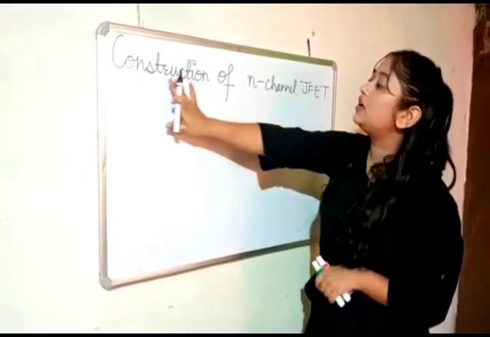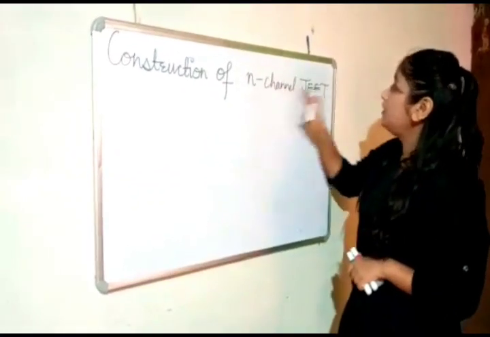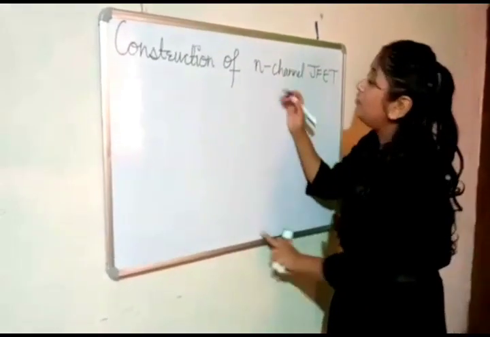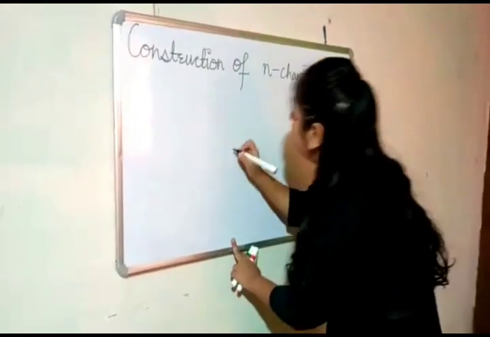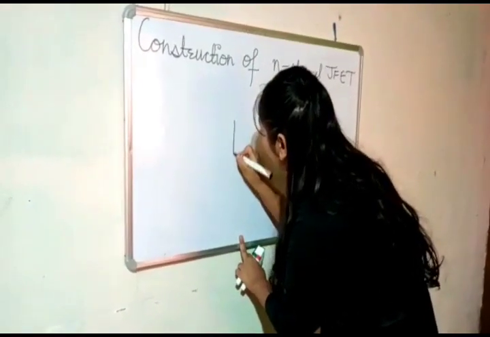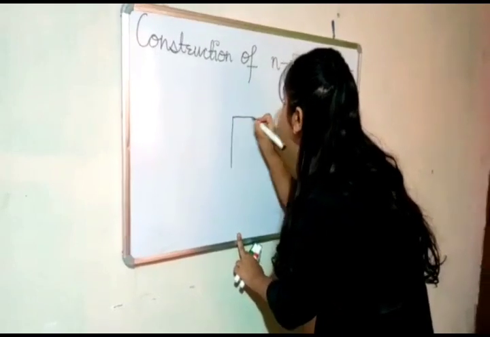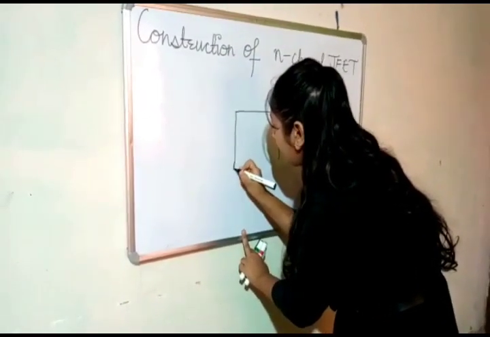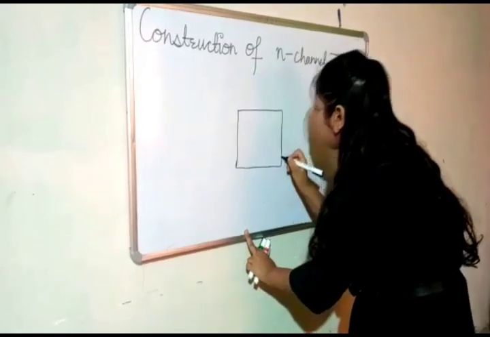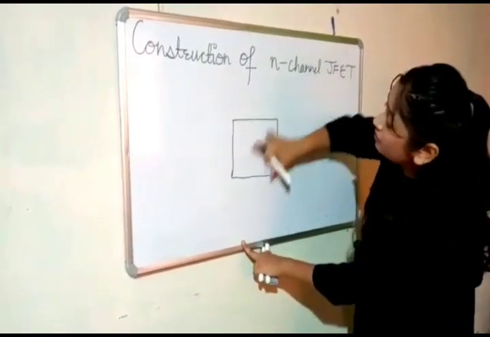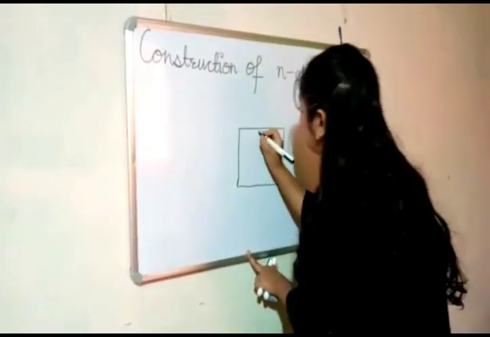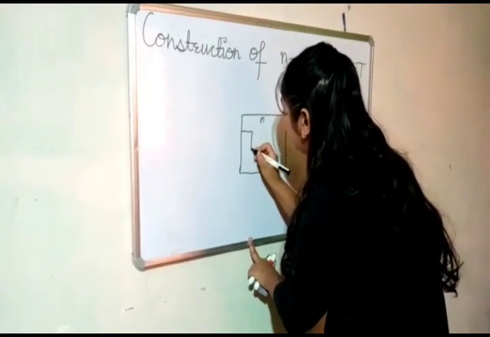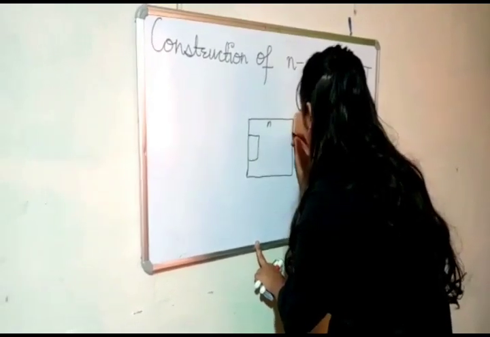Now we will see the construction of N-channel JFET. We know that in N-channel JFET, the major portion is made up of N-type material, and two P-type materials are embedded into it.